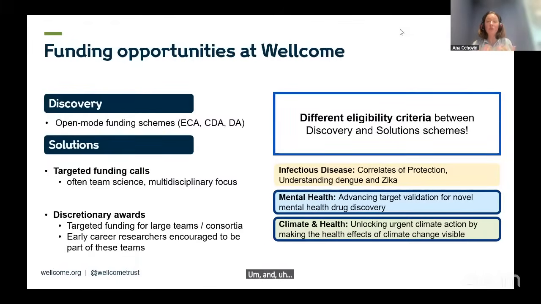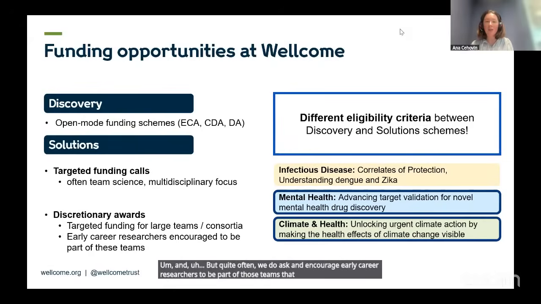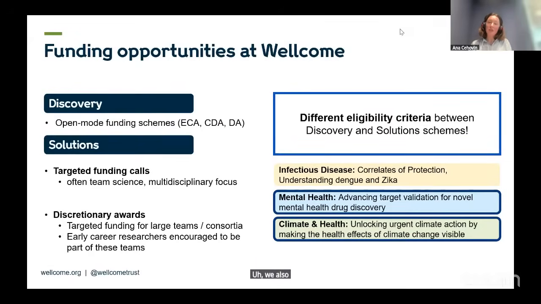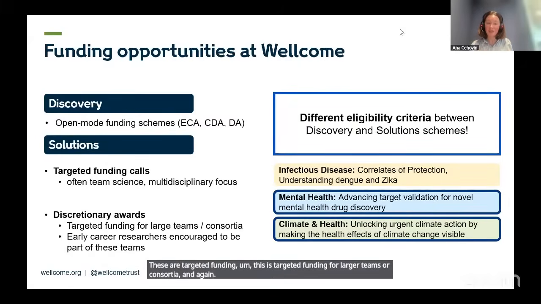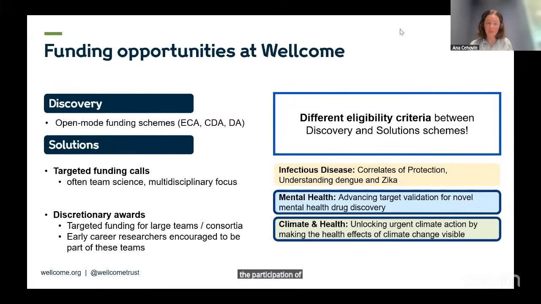Quite often we encourage early career researchers to be part of the teams that apply to these funding calls. We also fund our activities through discretionary awards. This is targeted funding for larger teams or consortia, and again, in these we encourage the participation of early career researchers.